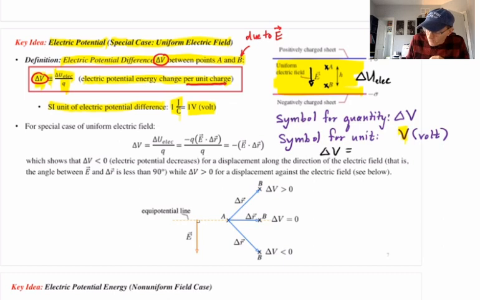Delta V equals 3 V, which looks a little bit odd, but what it's saying is the quantity known as potential difference has the numerical value 3 in the unit of volt. What compounds the confusion here is that the symbol for the quantity and the symbol for the unit are almost exactly the same.